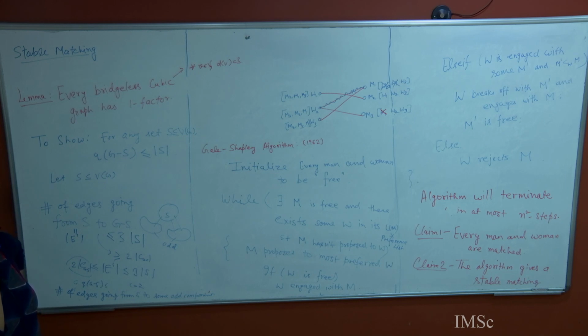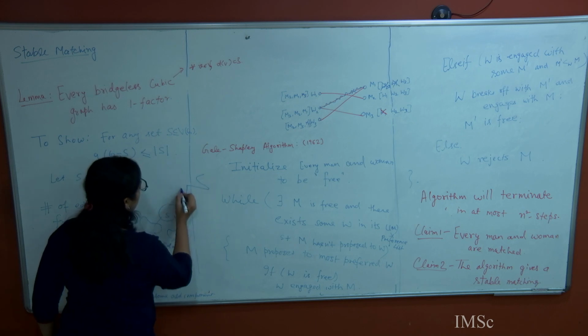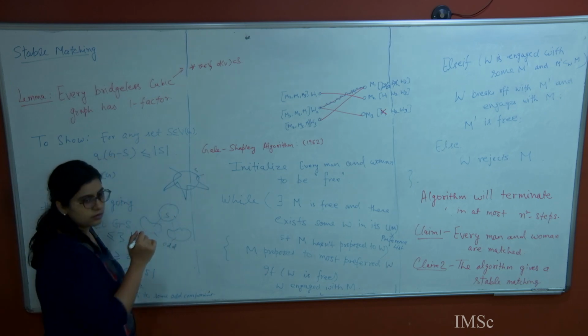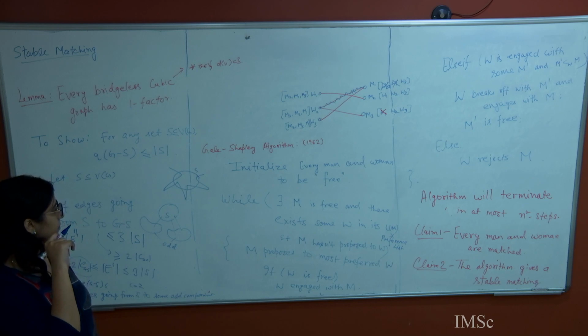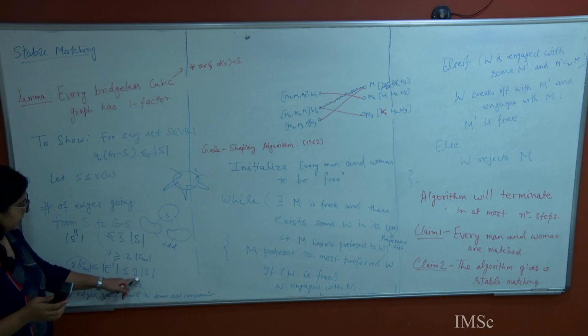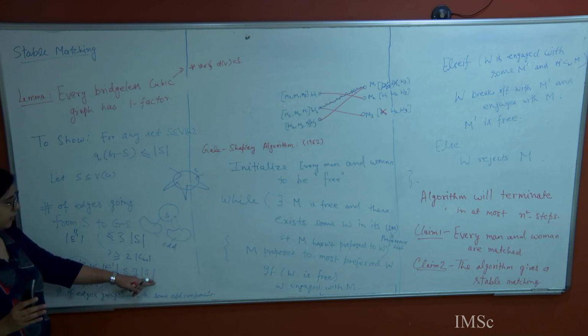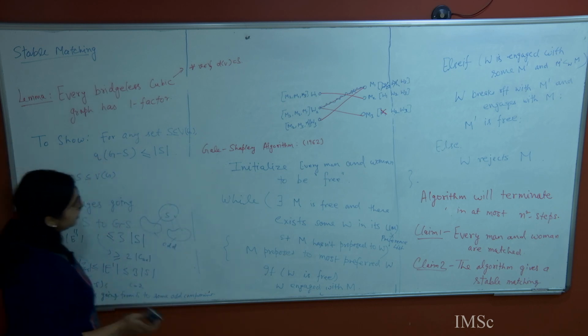It could be an independent set also. Yeah, the overall graph should be connected, right? But S may have something like this, and I can just choose this S. S is any subset of vertices. So we can't improve this one, and we are happy that we have some upper bound in terms of cardinality of S.